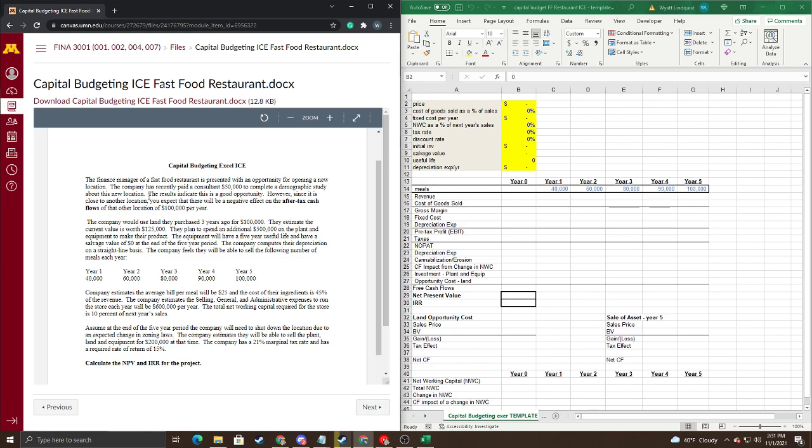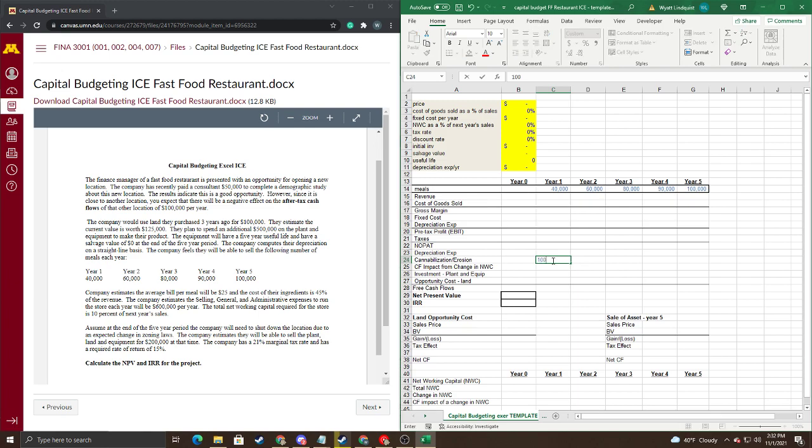The results indicate that this is a good opportunity. However, since it is close to another location, you expect that there will be a negative effect on the after-tax cash flow of that other location of $100,000 per year. So that is going to be our cannibalization cost. Now, there's no cannibalization cost up here at the top, but there is here at the bottom.